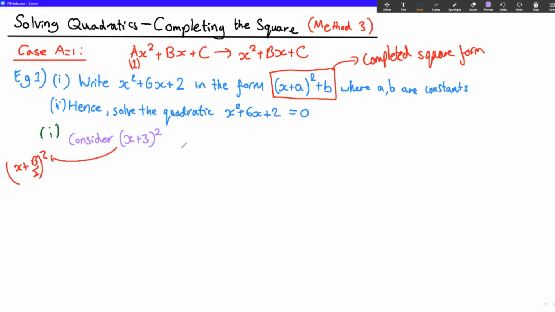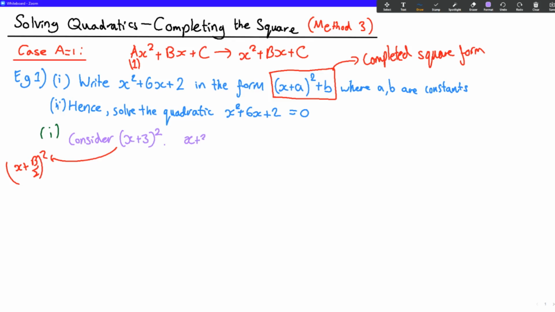So, what this means is x plus b over 2, remember our b is 6, so 6 over 2 is 3, and squared. Now that's all you really need to remember. To start a completing the square question, you write this out.